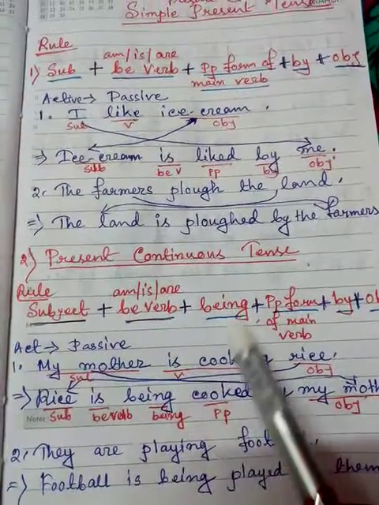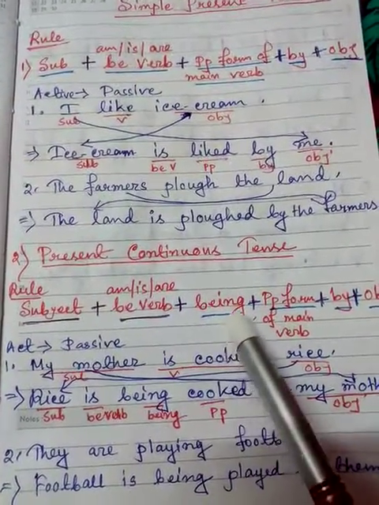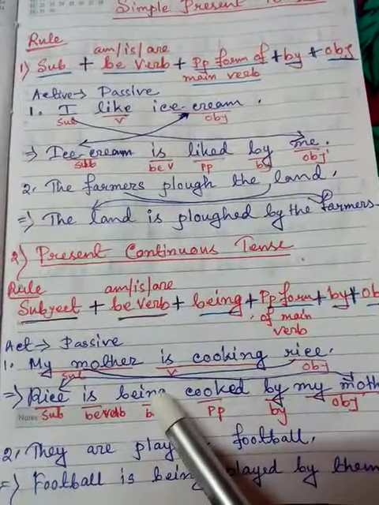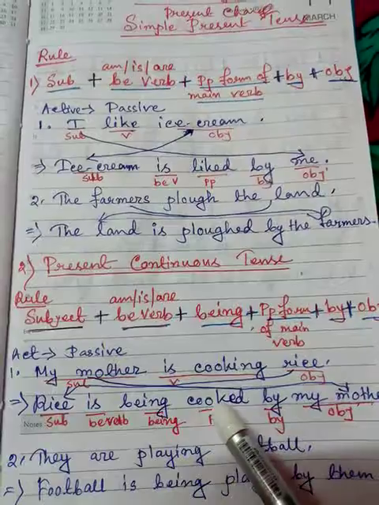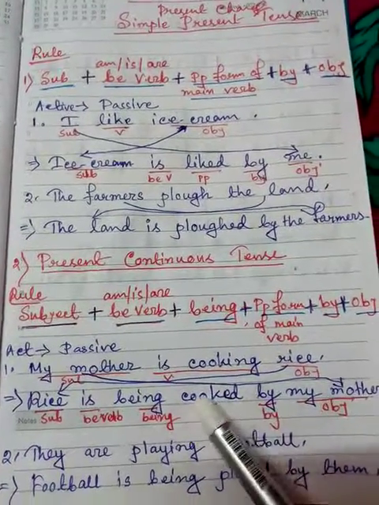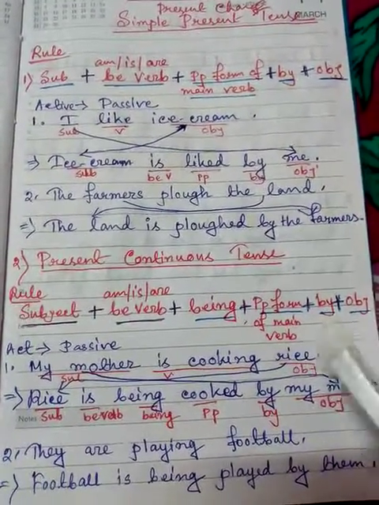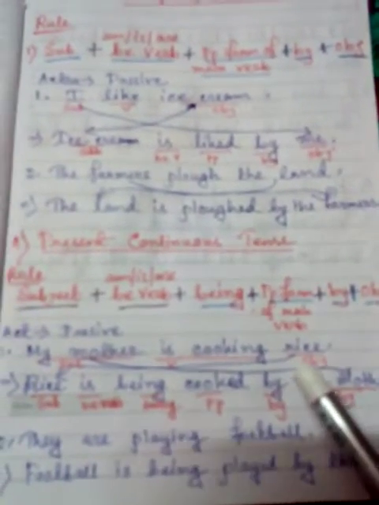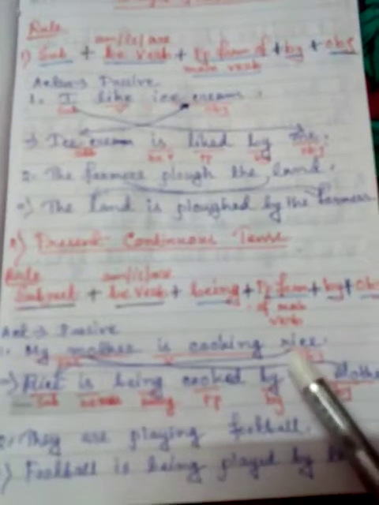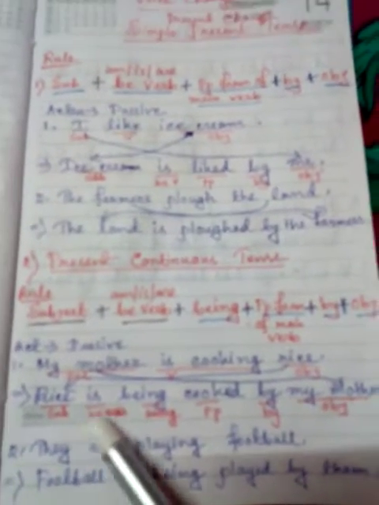Next, what should we write here? Being. Next, the past participle form of the verb cook, cooked. So cooked. Next, by. Next, my mother. This is the object, so the object turns into subject.